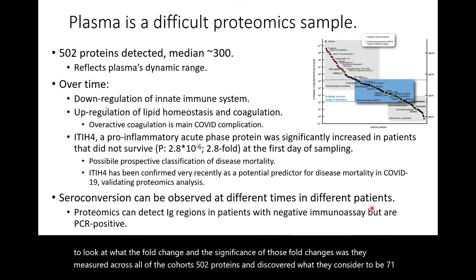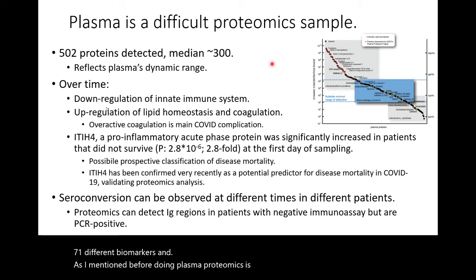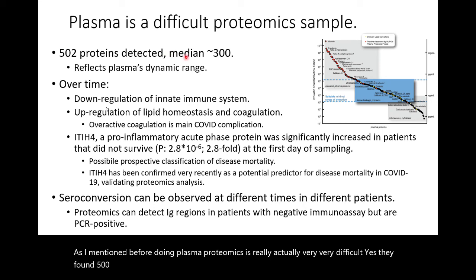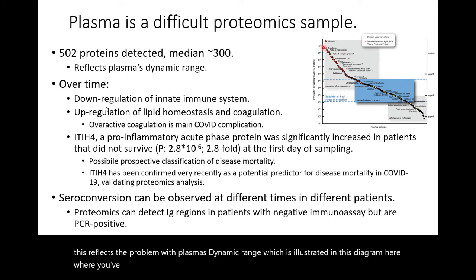And as I mentioned before, doing plasma proteomics is really actually very, very difficult. Yes, they found 502 proteins reproducibly, but there was only about 300 in each of those patients. And this reflects the problem with plasma's dynamic range, which is illustrated in this diagram here, where you've got 10 orders of magnitude of concentration.